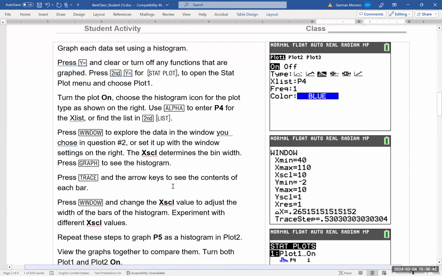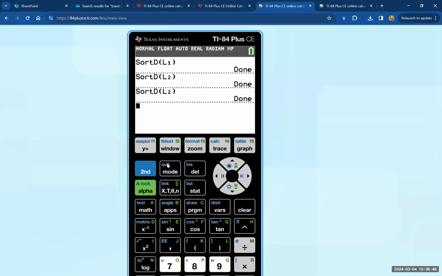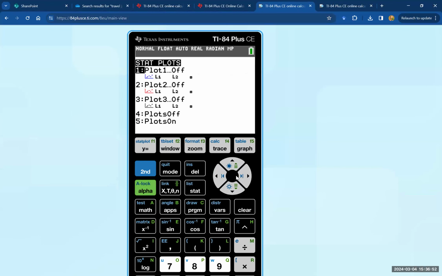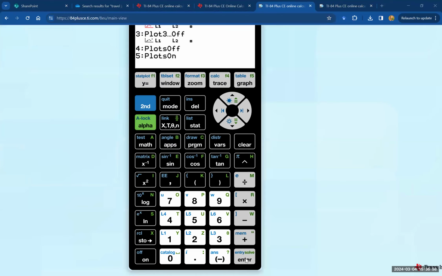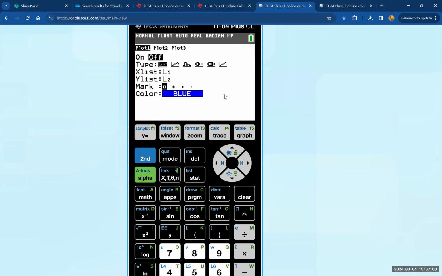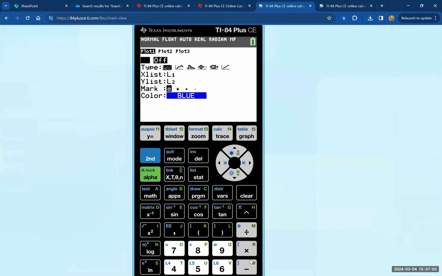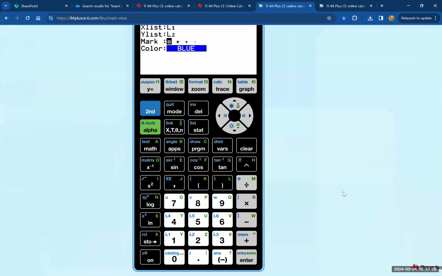Okay, so let me go ahead and share the calculator because what I need to do is turn on some histograms of the data. I'm gonna turn on the plots, and I want two of them because I'm gonna create two different histograms, one for each of the periods.